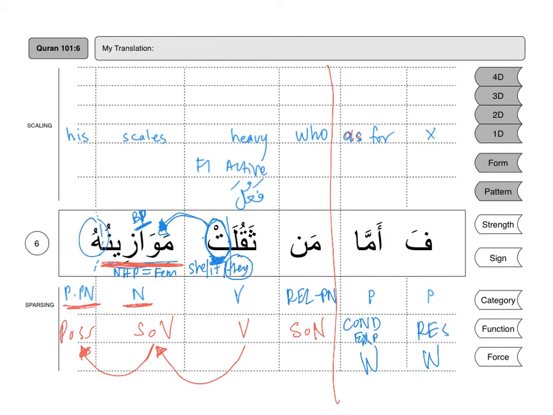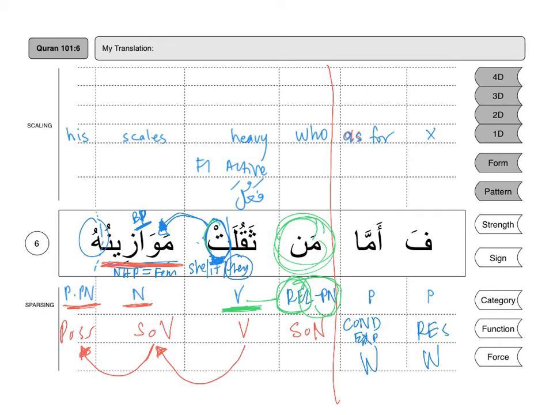Okay, and then what you have after that is, remember, whenever you have a relative pronoun, there must be a verb after it, and you find in the verb, or whatever is after the verb, something that is referring to man. Okay, that's why it's called relative. So you find the relation.